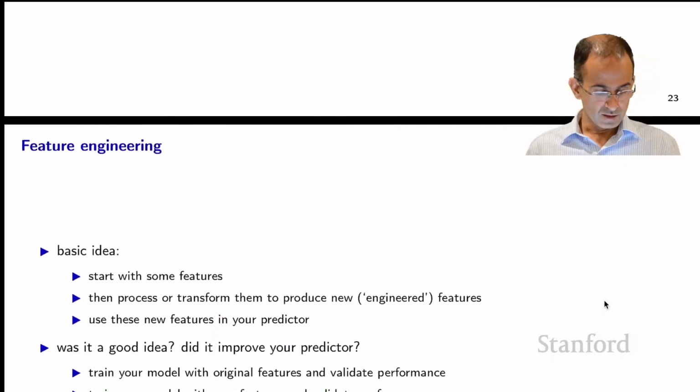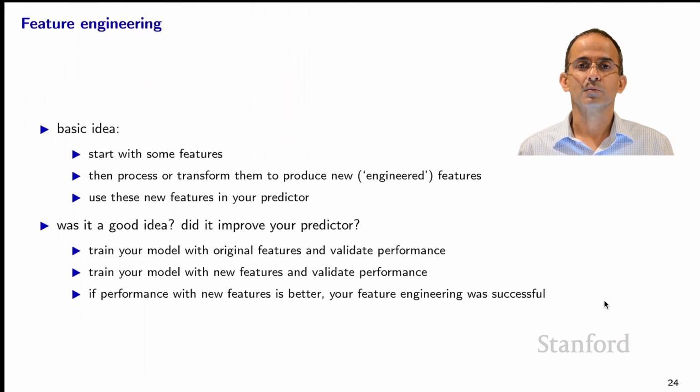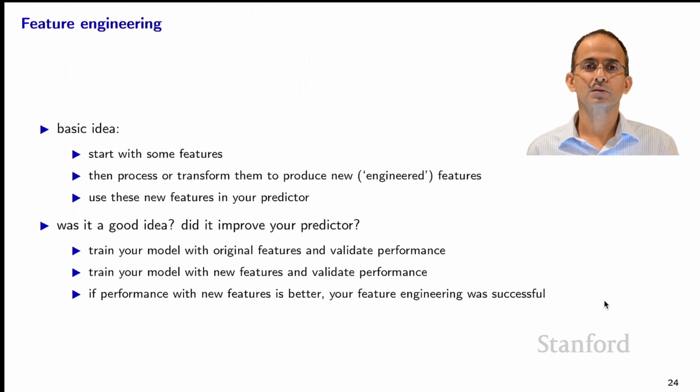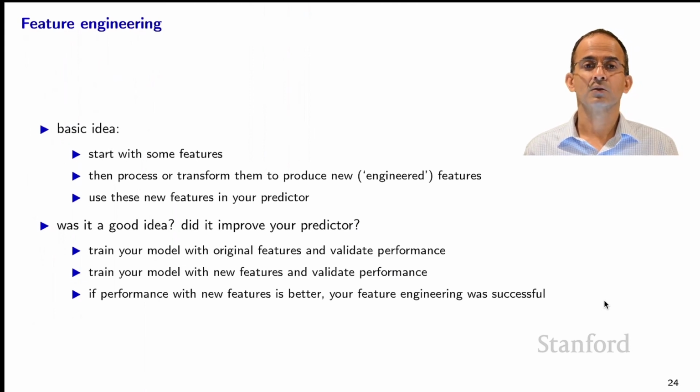The next stage is feature engineering, where the basic idea is that we start with some features and then we process or transform them to make new engineered features. And instead of just having a predictor which is dependent on the original embedding, we have a predictor which is dependent on these new features.